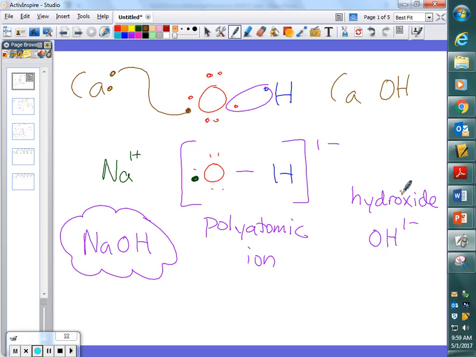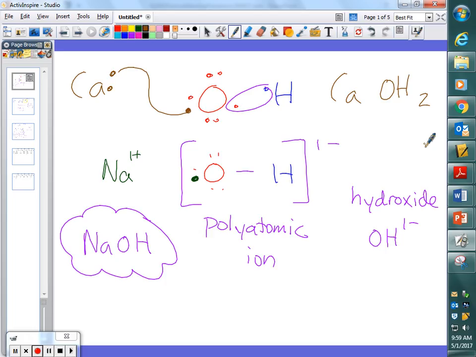When we need more than one of something, what do we use to represent that in the formula? Subscript. Okay? But we can't do this. Because what is that telling you? It's 1 oxygen and 2 hydrogens, and that's not what it is.